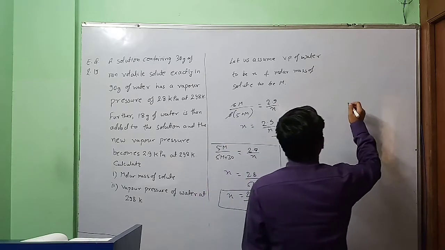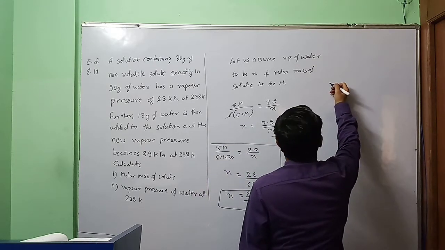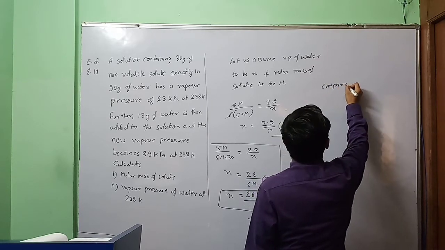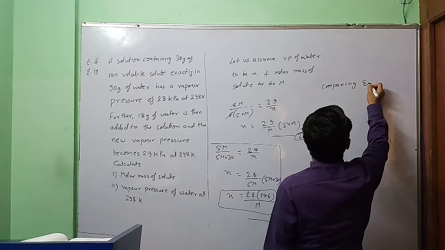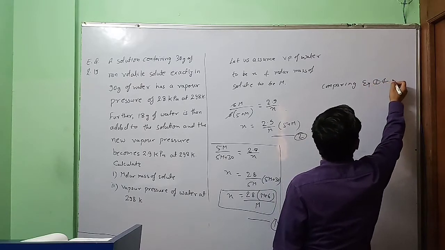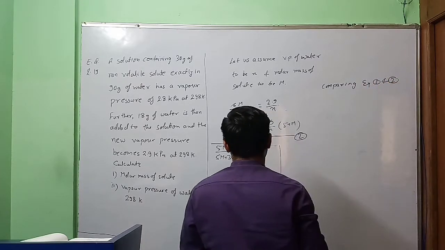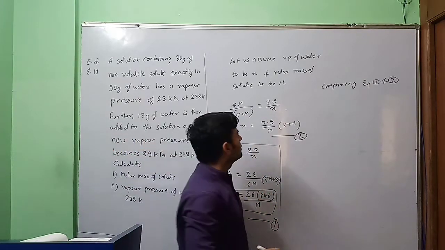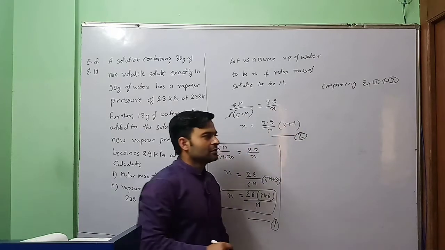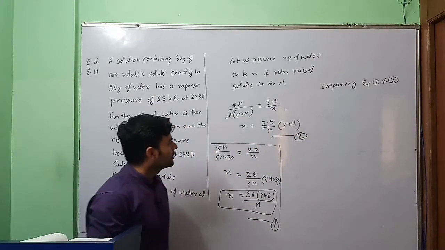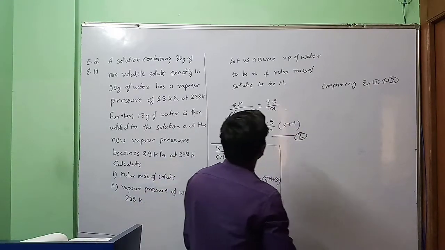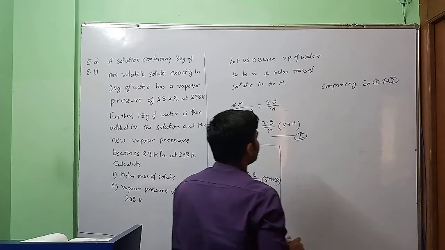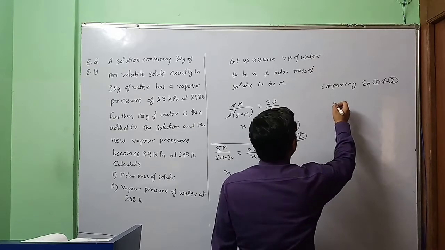Now comparing equation 1 and 2. These two are the values of X, so they must be equal because the vapor pressure of water is constant at 298 Kelvin, and that's what we have assumed, the vapor pressure of water to be X. So we can equate it.